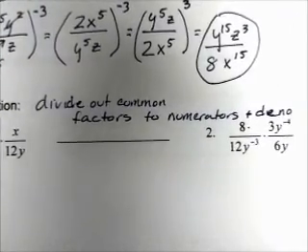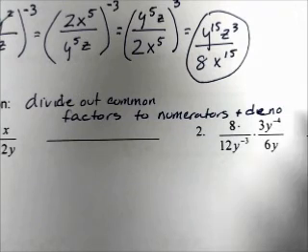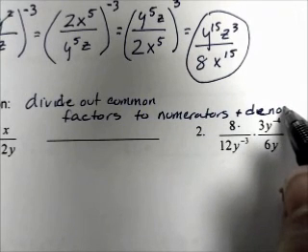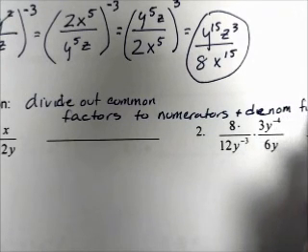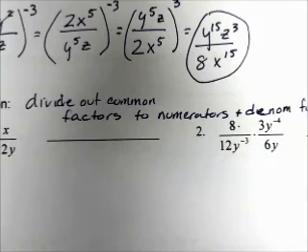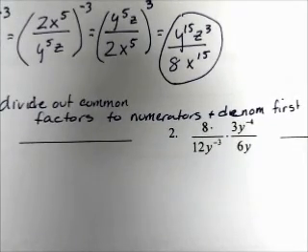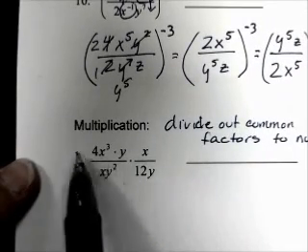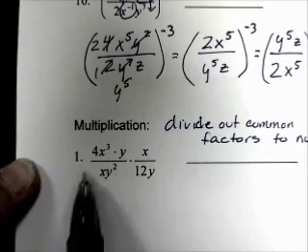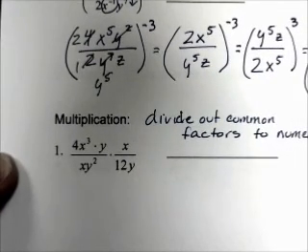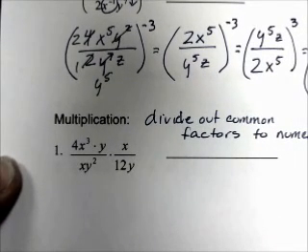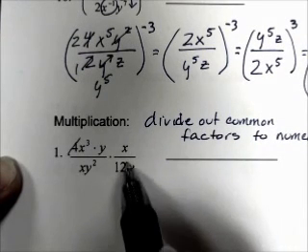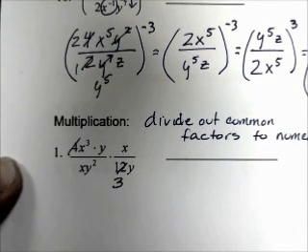So instead of starting to actually multiply the numerators and multiply the denominators, let's divide out things that are common. For example, the 4 and the 12 will reduce, dividing each by 4.